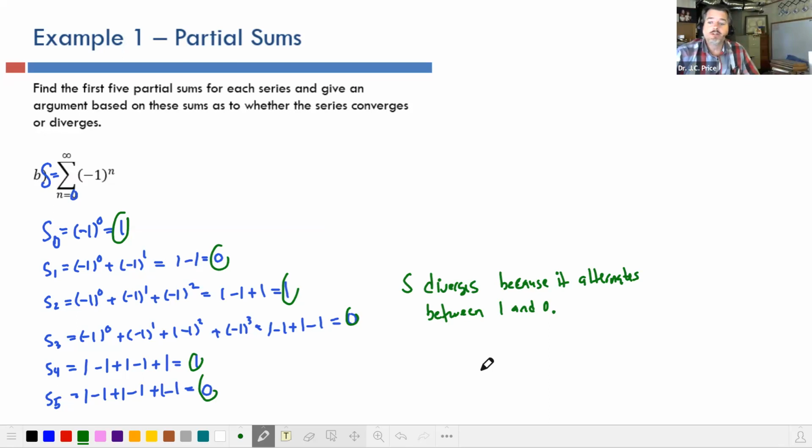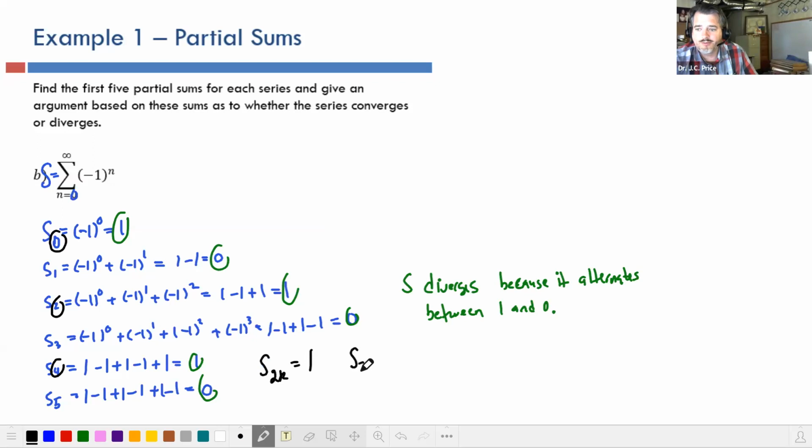Now, if you want to use the definition, how would we do that? Well, we'd have to say something like, notice that S sub 2k, so what happens when it's even? Well, notice you always get out the number 1. So S sub 2k is always equal to 1.